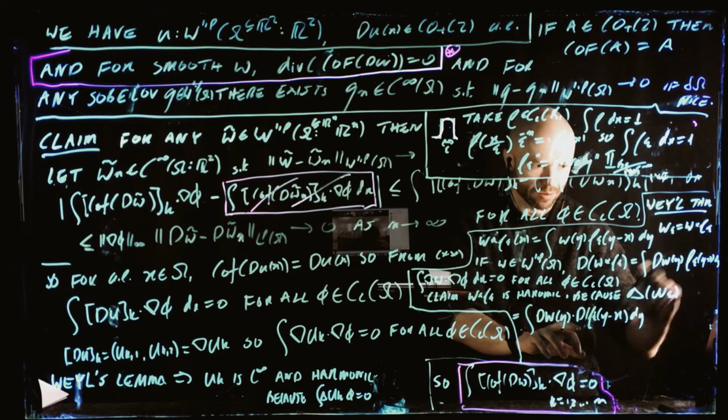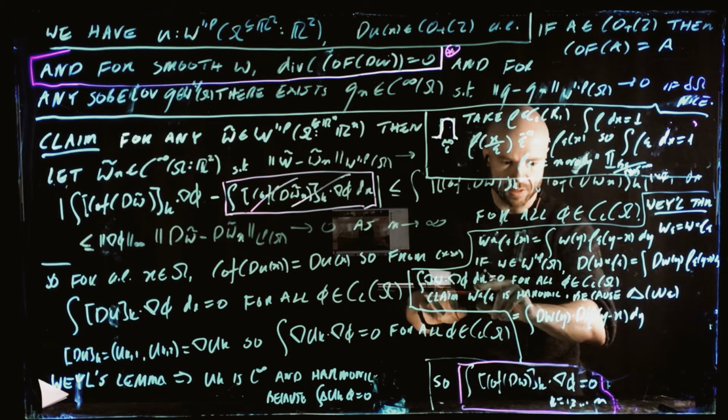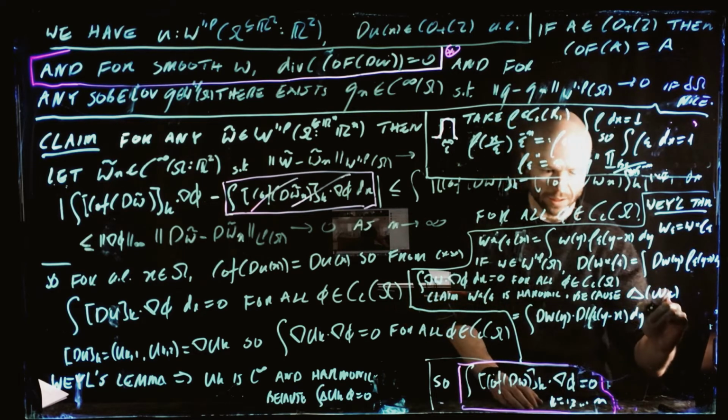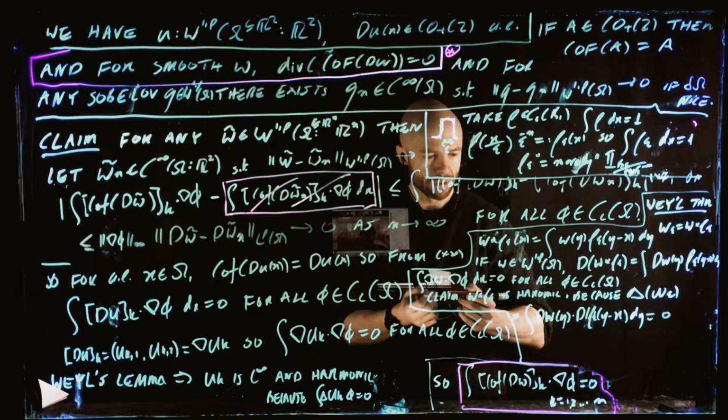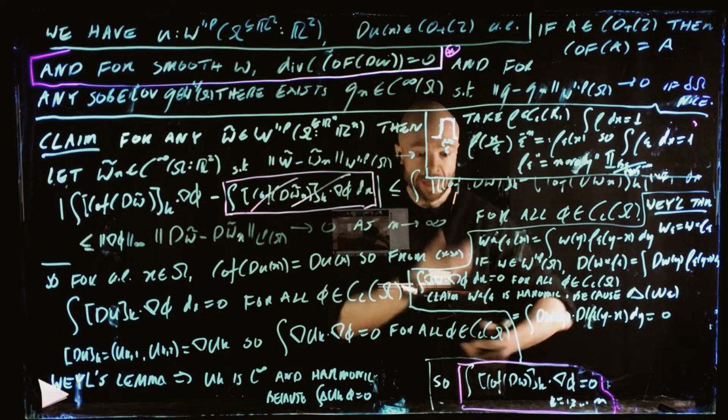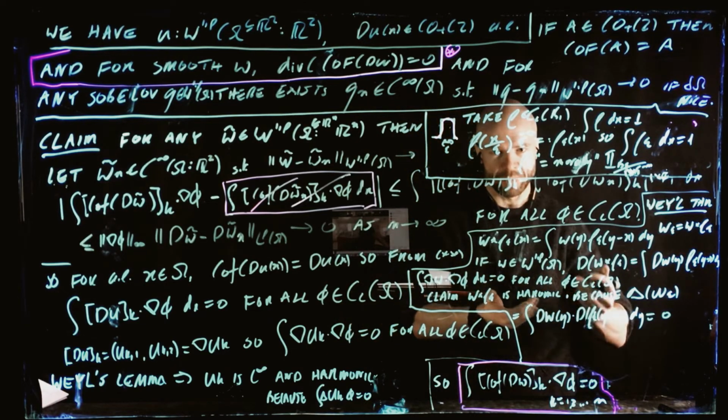So a little calculation will convince you of this. Okay? But then this is exactly the hypothesis of being weakly harmonic, so this thing is equal to 0. So for free, the convolutions are instantly harmonic. Okay? Cool. So convolutions being harmonic means that they satisfy the mean value property.